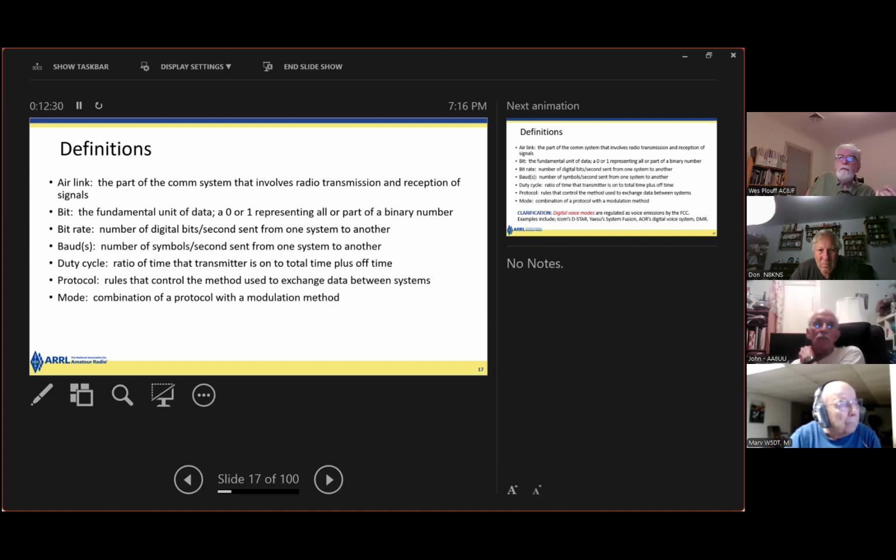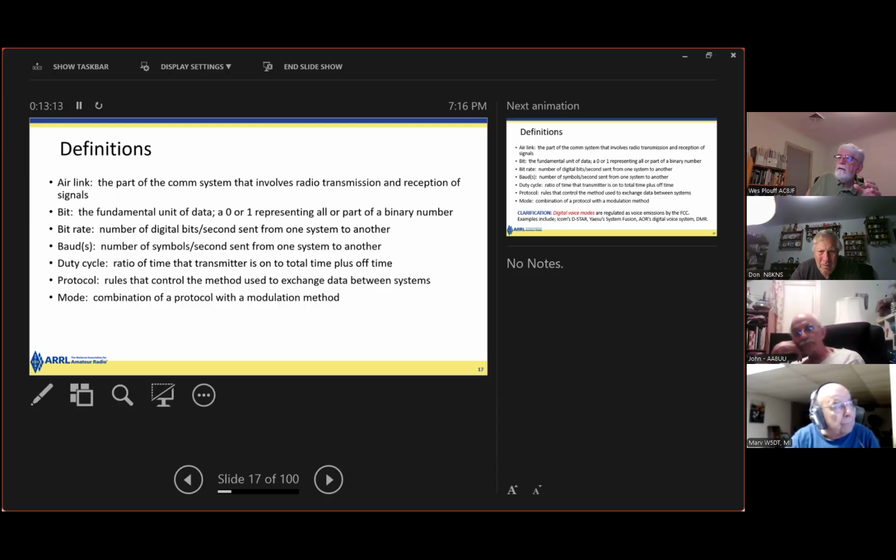The duty cycle is the ratio of time that a transmitter is on over the total time elapsed, which is the on time plus the off time, or transmit time plus receive time. And you can look at that two ways. You can look at that in terms of segments of several seconds when you're transmitting and then receiving, or you can look at that in terms of, for instance, when you're doing CW, you have a duty cycle that consists of dits and dahs where the transmitter is on, but in between those individual signal elements, the transmitter is off.